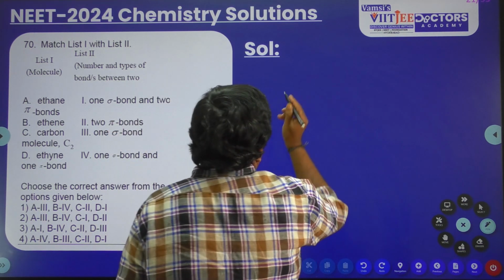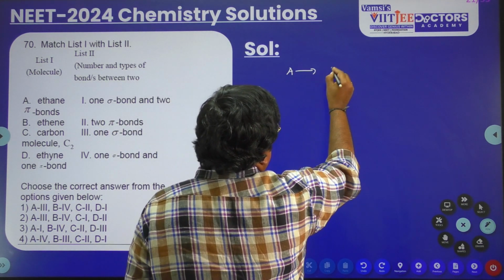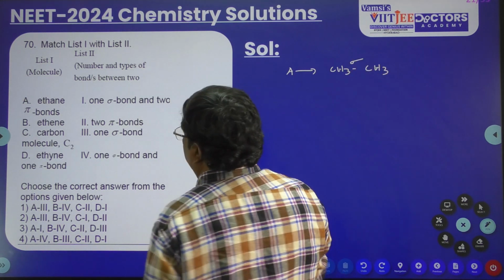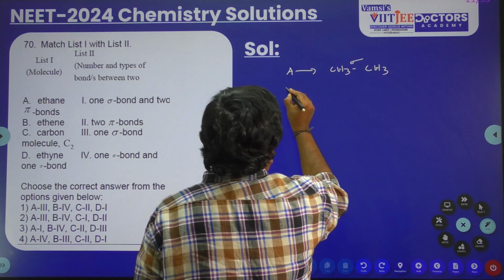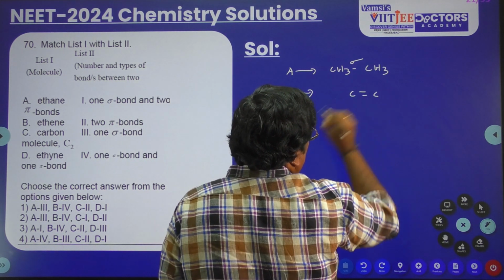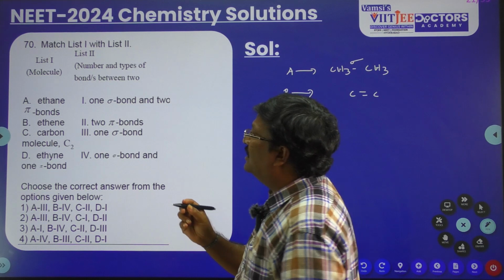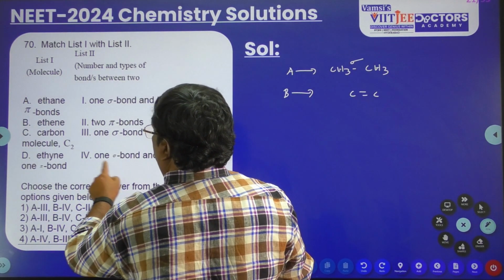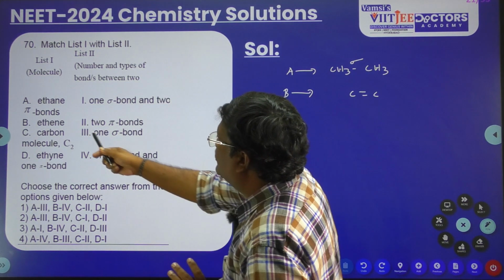Here also match the following is given. A is ethane. Ethane we can write like this. There is only one sigma bond between the carbon atoms. B is ethene. Ethene means there is a double bond between the carbon atoms, one sigma and one pi bond. So A, only one sigma bond.